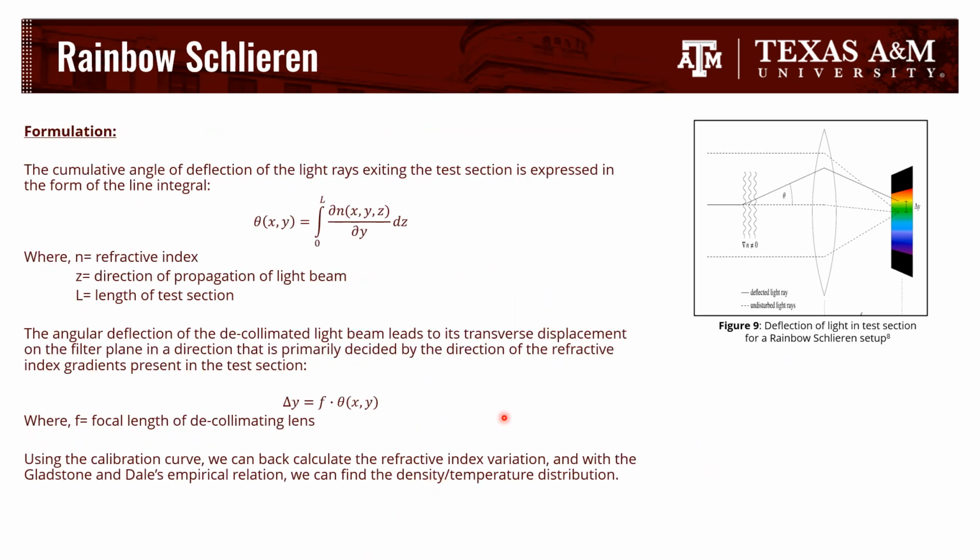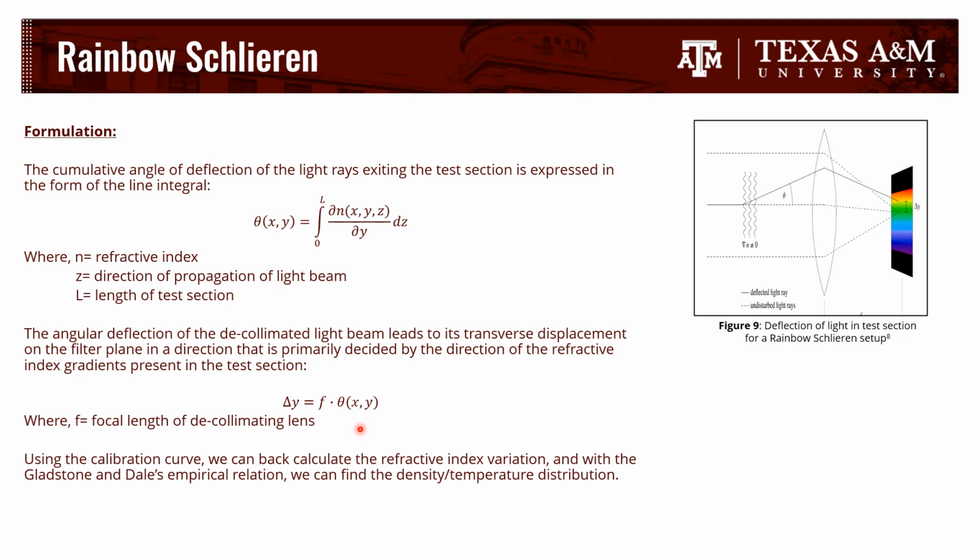Using the previously obtained calibration curve, which relates the translation distance to the image color, we can calculate the angle of deflection that is caused by the changes in refractive index in the test section using this formula below.